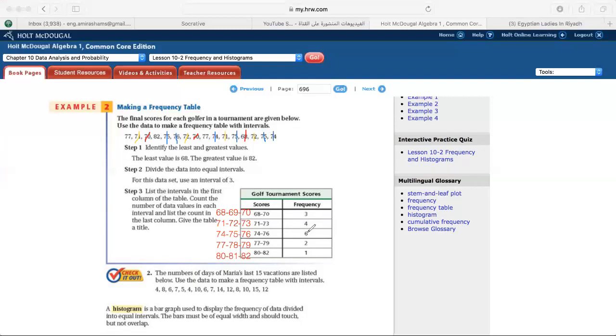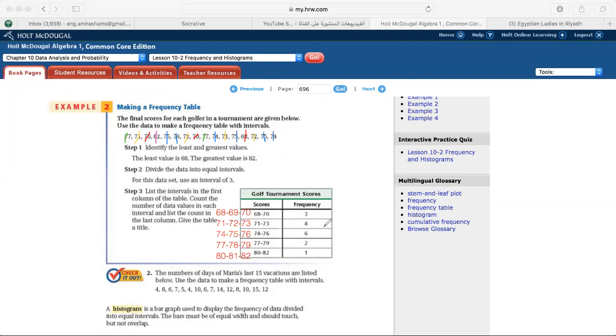So I have 6 values for this interval. 77 to 79: 77, 78, 79. Here, 1, 2, I have 2. For the last one, interval 80 to 82, which is 80, 81, 82, I have 1 here, and I have finished. I have 1.